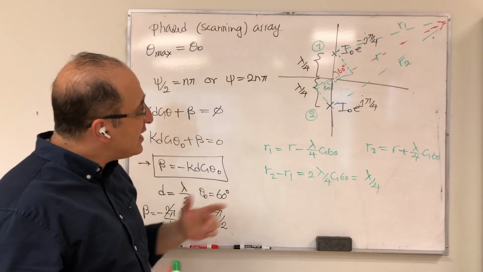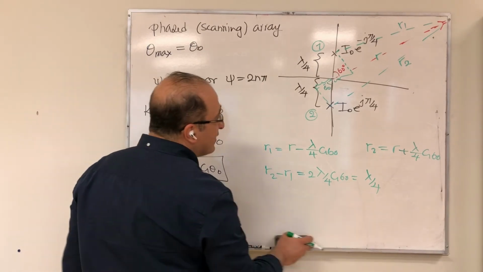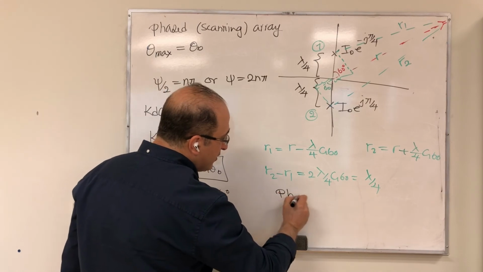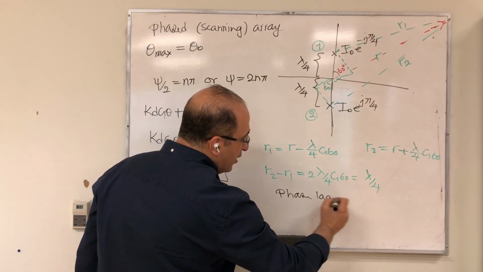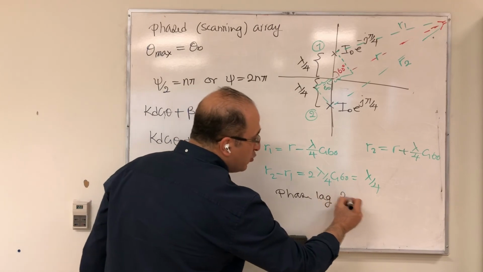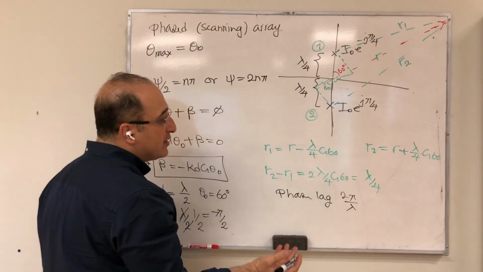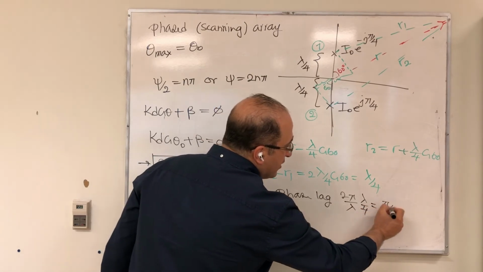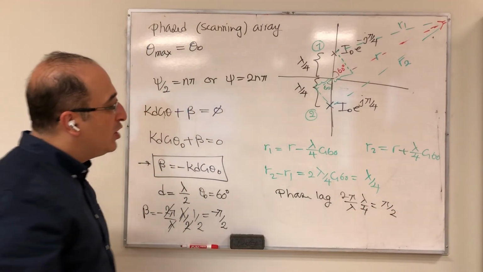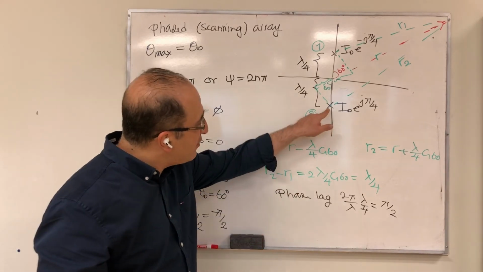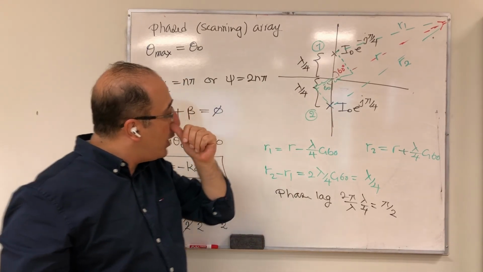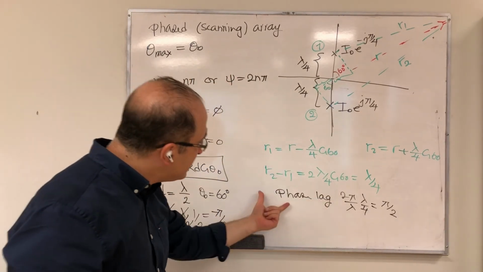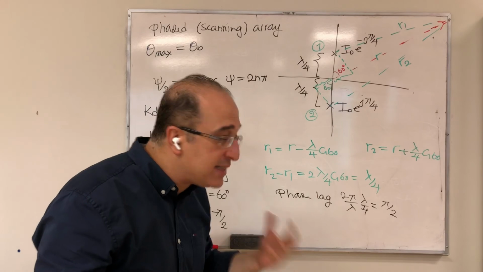Now, because of this extra travel, antenna number 2 is going to have a phase lag of k, which is 2π/λ, times the extra distance. And the extra distance is λ/4, and that's going to be π/2. So this is going to have a phase lag with respect to this one by π/2. But now look at the electric excitation. This is the phase lag due to distance.